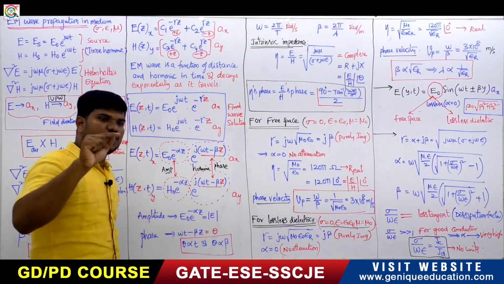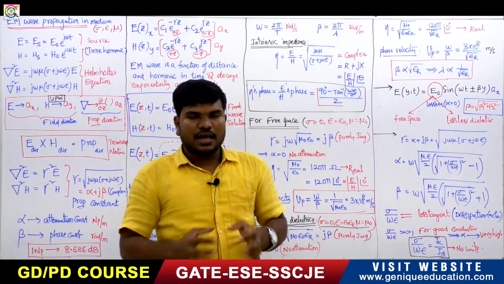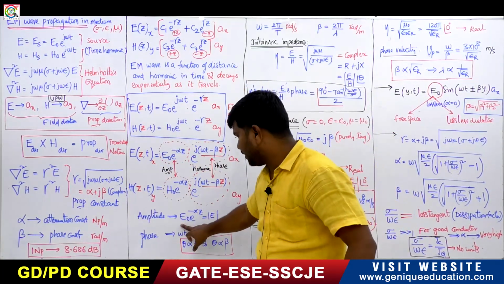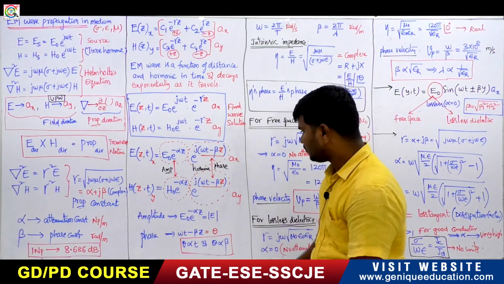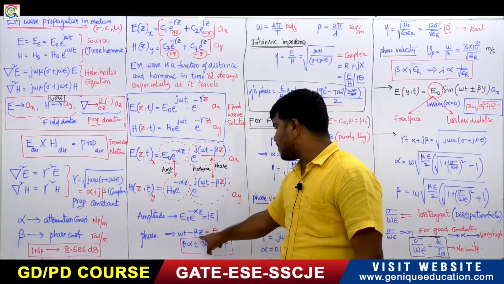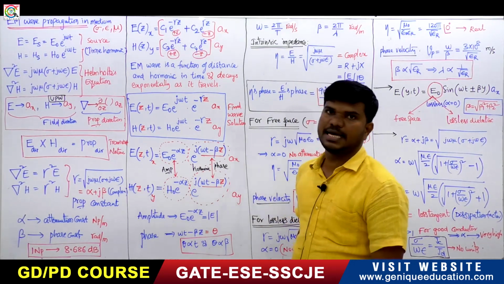If z is equal to 0, the amplitude of the EM wave will be maximum, that is equal to E naught, right? So this is the amplitude. What is the phase? Phase is omega t minus beta z. We know ax and ay are the field directions.